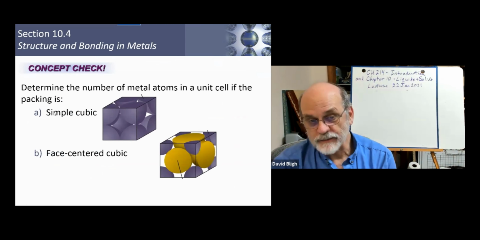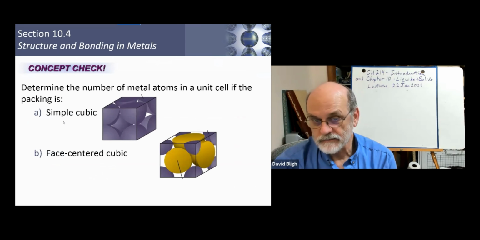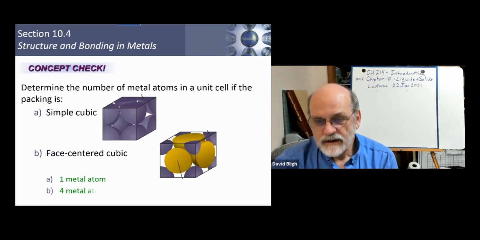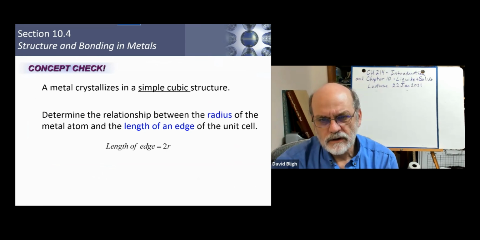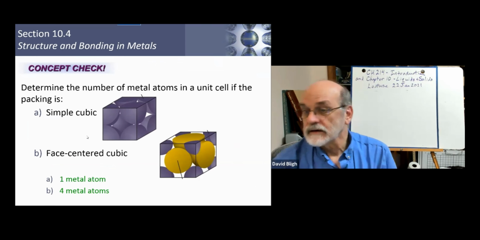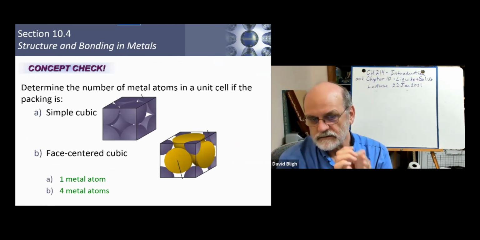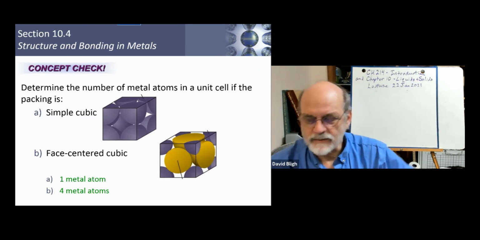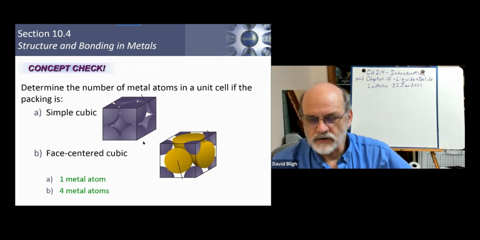The number in a simple cubic, we did that before, is 1. We skipped the body-centered cubic, which should be 2 atoms present in the unit cell.